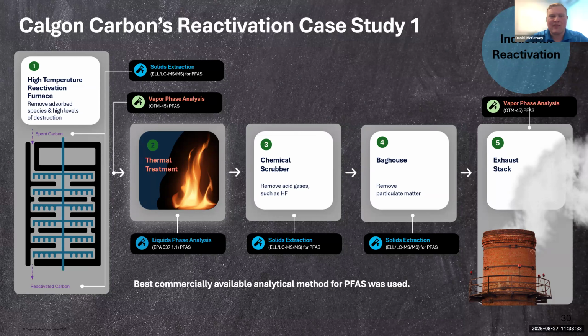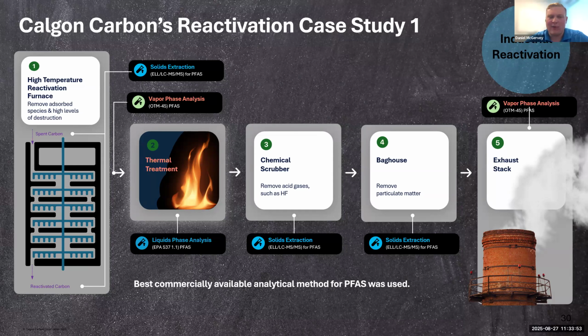So I'm going to show this study first as an example. Again, we measure both the spent carbon and reactivated carbon through the furnace, as well as vapor phase analysis of the vapor coming out of the furnace, to really ensure at every point where we are or aren't detecting PFAS.